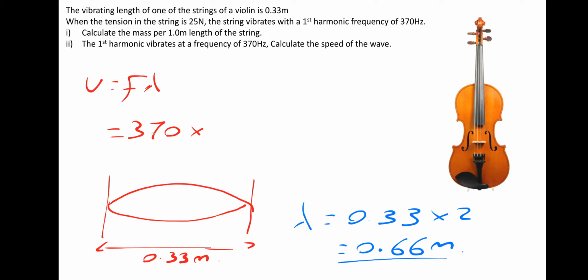So we can finish this at the top, 370 Hertz multiplied by a wavelength of 0.66 meters, which gives us a wave speed of 244 meters per second. Hopefully that went okay. Let's try one more.